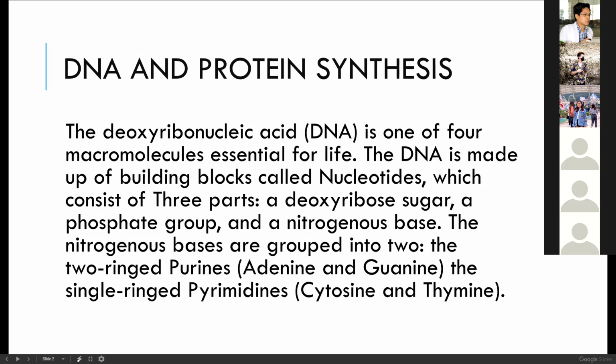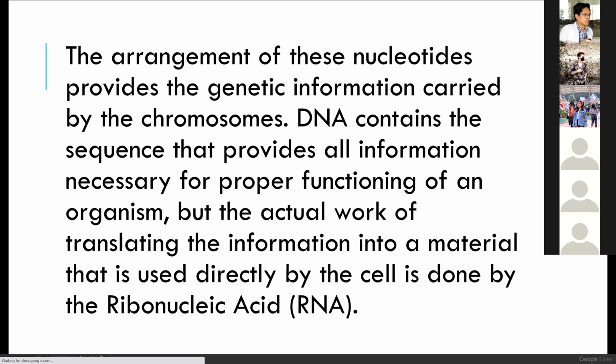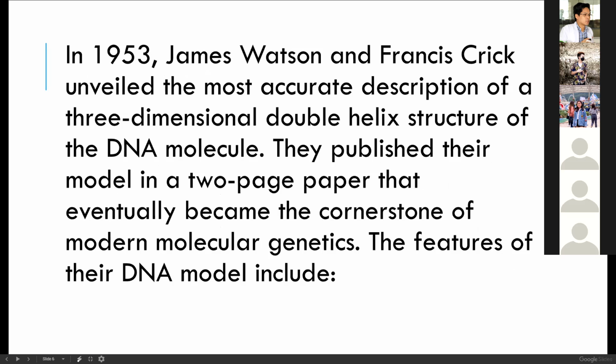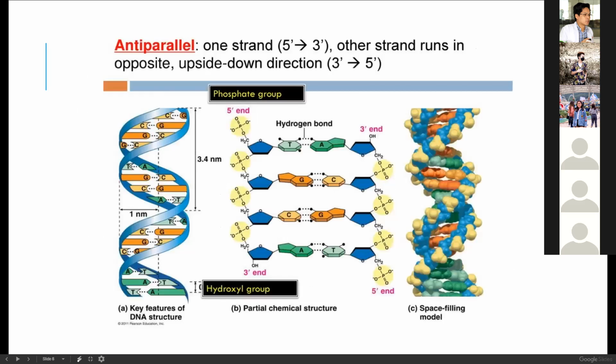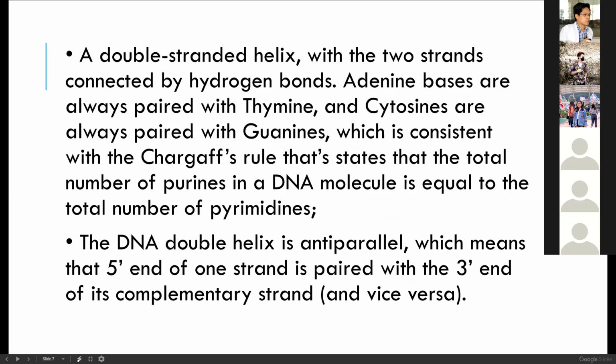Cytosine and your thymine are the pyrimidines. Again, adenine is always paired with thymine and cytosine is always paired with guanine. A is to T, T is to A, or C is to G, G is to C.